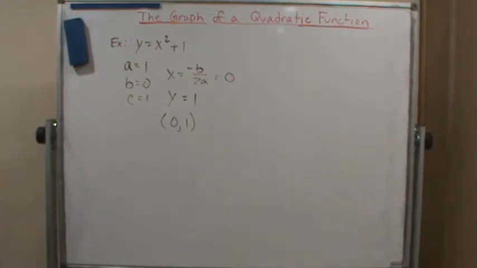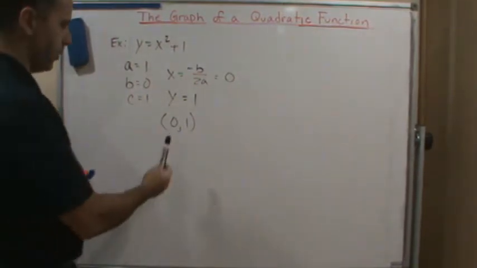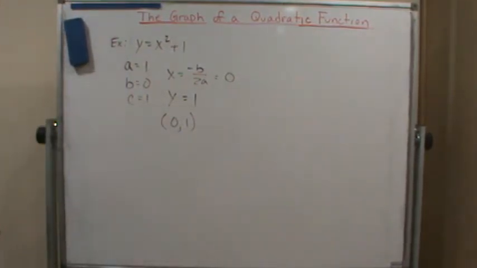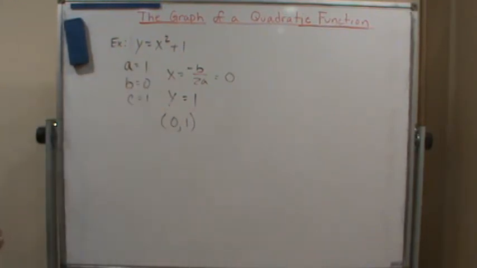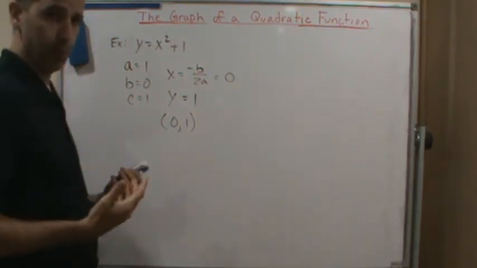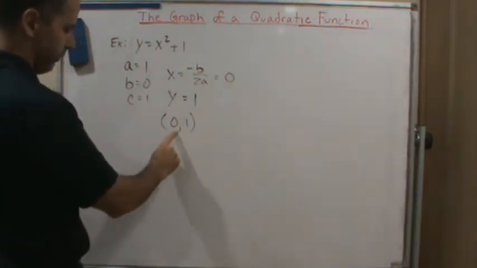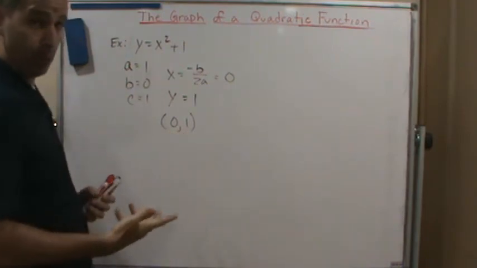Now we also know that this vertex is going to be a minimum point. Why? Because a is positive, which means the parabola opens upward, and the vertex is at (0, 1), so we have a minimum point.